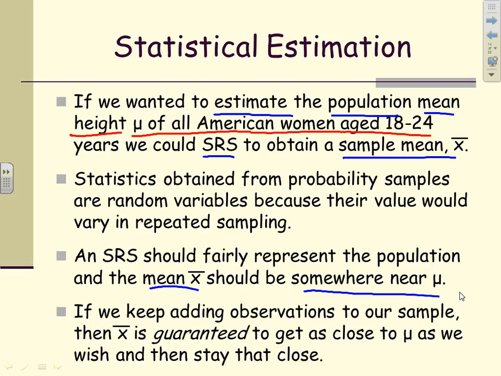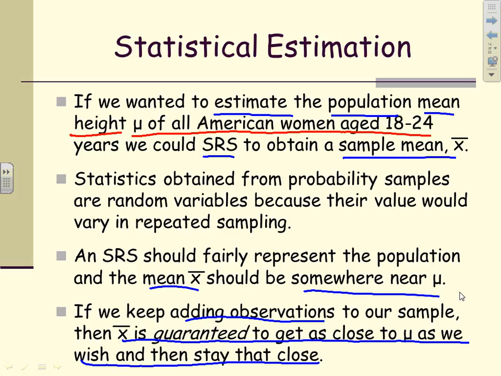And if we keep taking this sample over and over and over again, or if we keep adding observations, meaning making our sample larger, then we can say that x bar is guaranteed to get as close to mu as we wish, and then stay that close. Meaning, at the beginning, when our sample size is low, we have a greater variability. We have a bigger standard deviation for these different x bars.